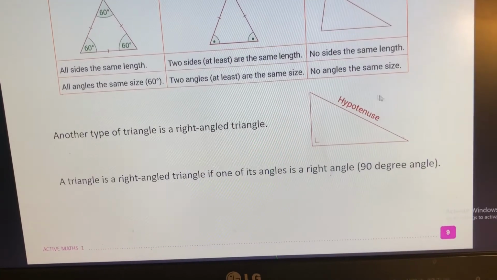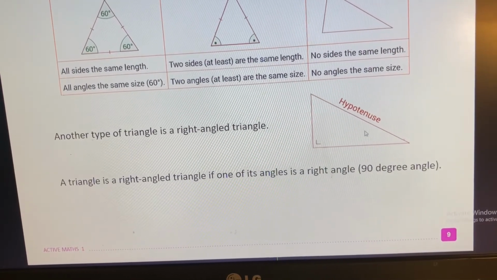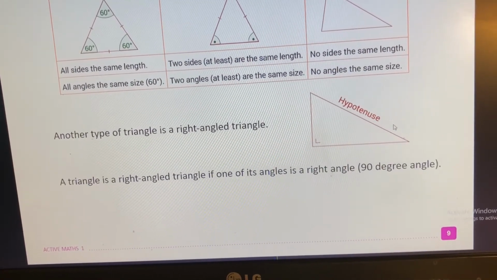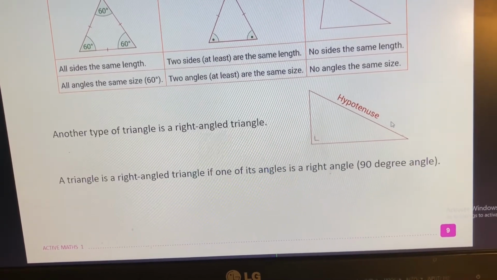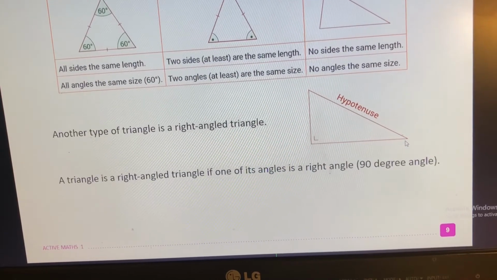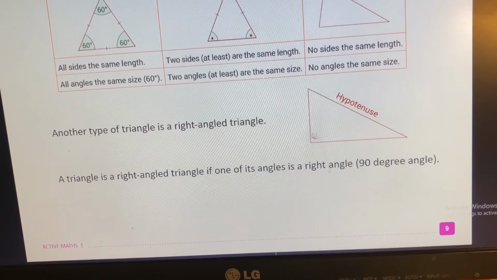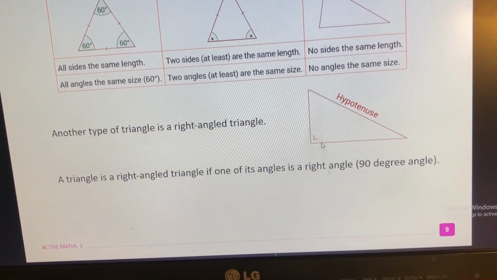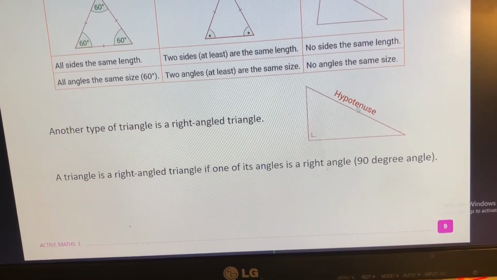Now you'll notice that we have quite a large word here. It's called a hypotenuse. Now hypotenuse is the name for the side on a right-angled triangle that never touches the right angle itself. It's almost like it's opposite it.